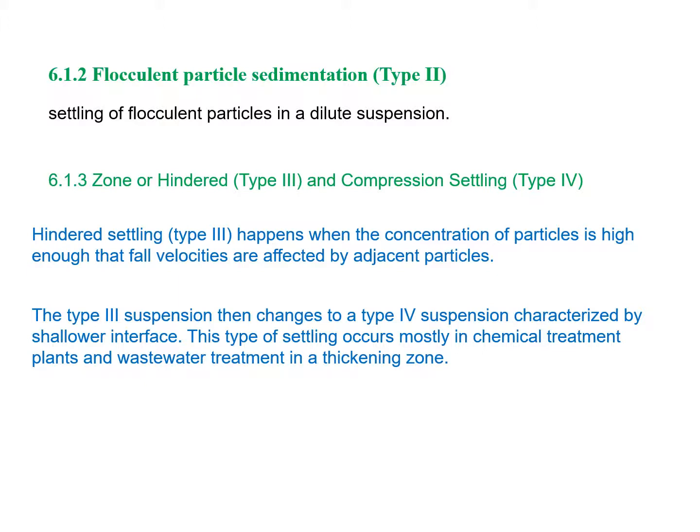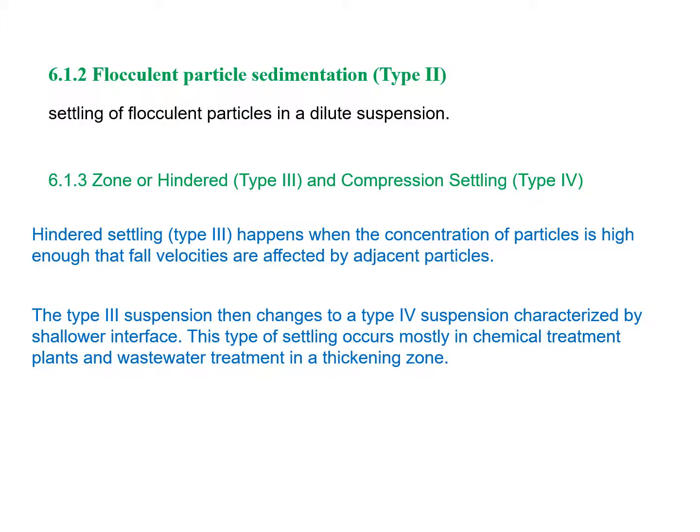These are for wastewater. These types of settling happen when the concentration of particles is high enough that fall velocities are affected by adjacent particles. The type 3 suspension then changes to a type 4 suspension characterized by a shallower interface.